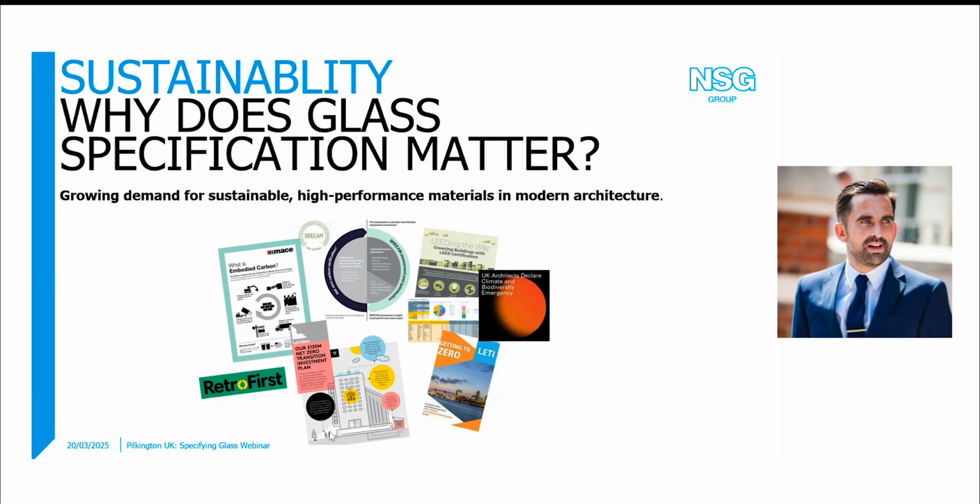So to set the scene, 37% of global CO2 emissions come from buildings and the construction industry. The drive towards a sustainable built environment has seen a significant growth in commitment from architects, developers, contractors, etc., to find ways to reduce the carbon footprint of buildings.